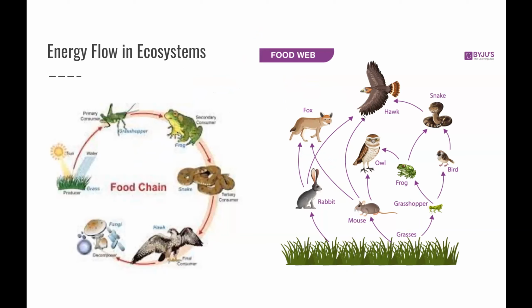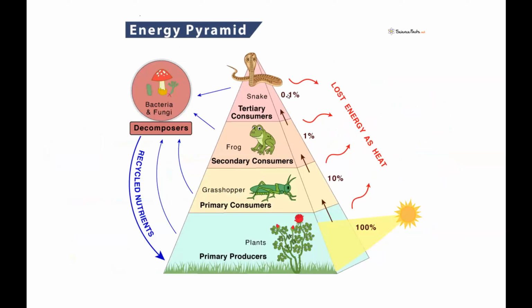And your hawk can be a tertiary or a secondary or even a quaternary consumer. So you're not going to see very many hawks in one particular area or one particular ecosystem.